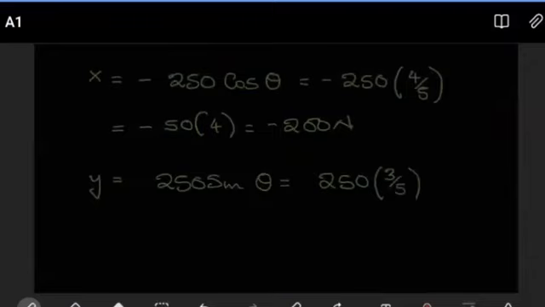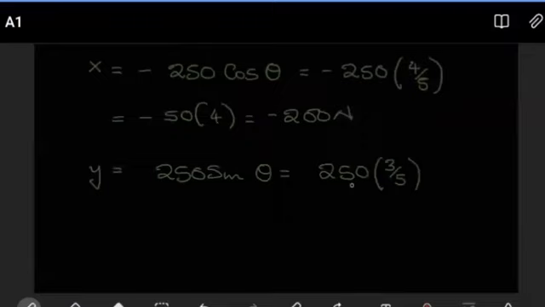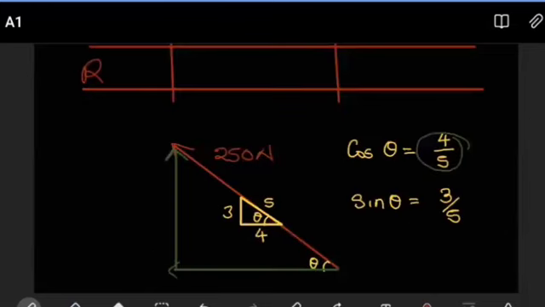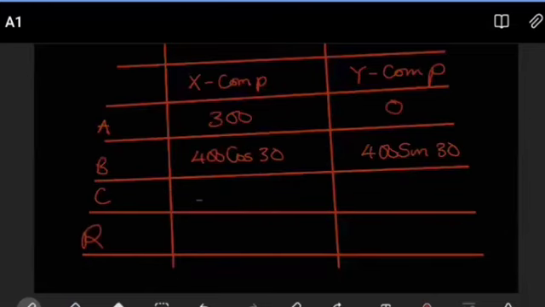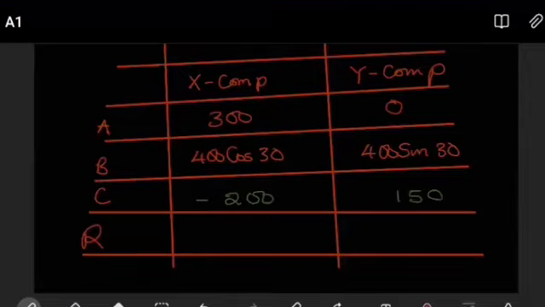So from here, we can do the math again. 5 into 250, that's 50. 50 by 3, that's 150. So I have minus 200 and 150. Any questions here? Yes. Let's go on. Go ahead.